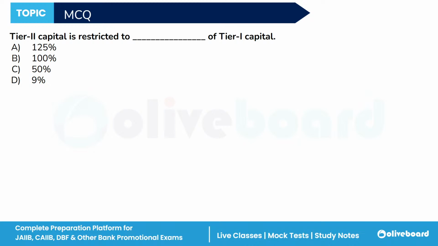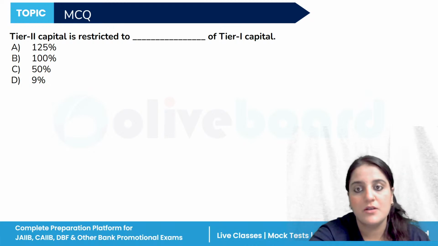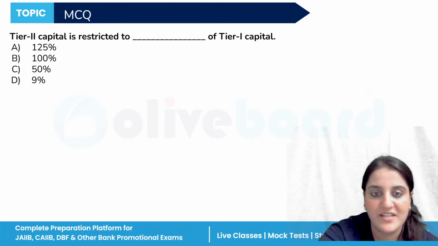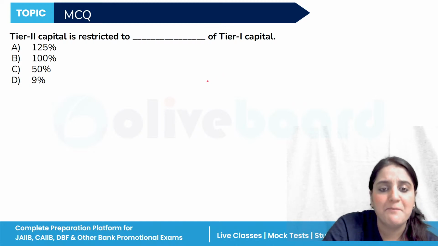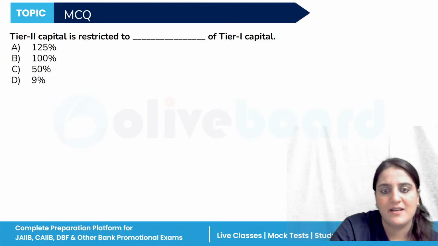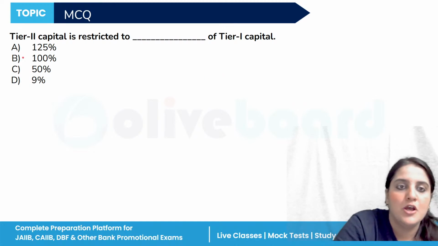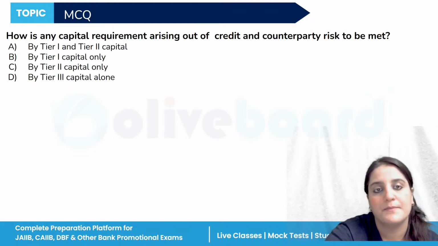We know tier 2 capital is restricted to 100% of tier 1 capital. This means the amount of tier 2 capital that a bank has is capped at an amount equal to its tier 1 capital. So 100% is the correct answer.